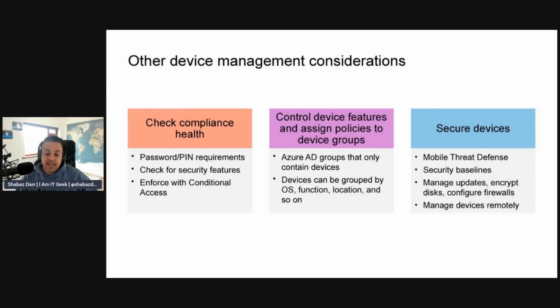We also have conditional access, which is the feature of Microsoft Entra you can use to enforce compliance as well. You can control device features and assign policies to device groups. All devices have features that you can control and manage using policies. For example, you can block the built-in camera, allow Bluetooth pairing, or manage the power button and much more.